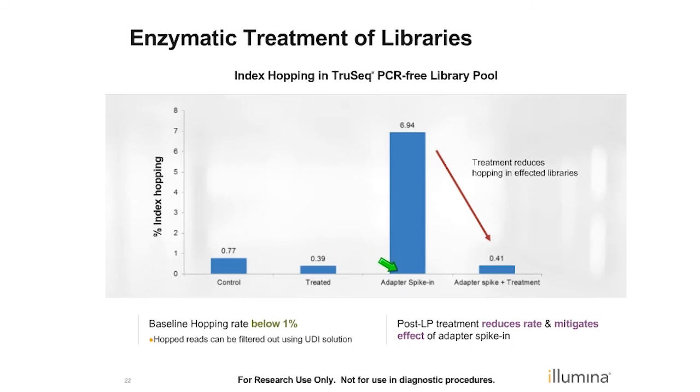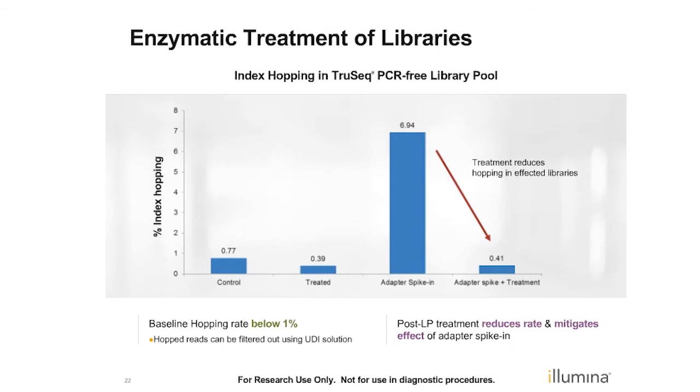If you add adapter, just like we've shown in the spike-ins, if we spike in adapter to very high levels, we can induce very high levels of index hopping, up to 7% total hopping across all the combinations. And then by using this treatment, we can knock this back down to essentially control levels with enzymatic treatment.